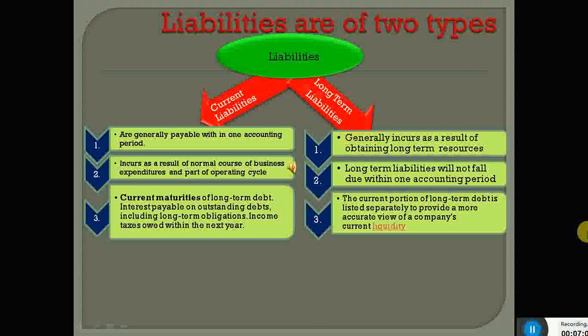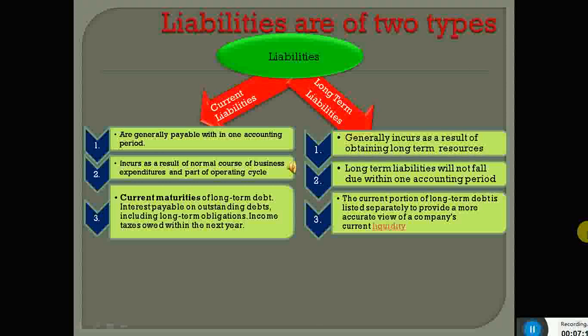Number three, the current proportion of long-term debt is listed separately to provide a more accurate view of a company's current liquidity.